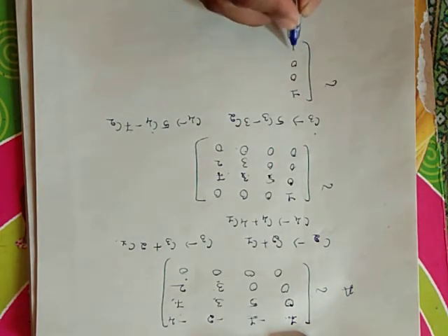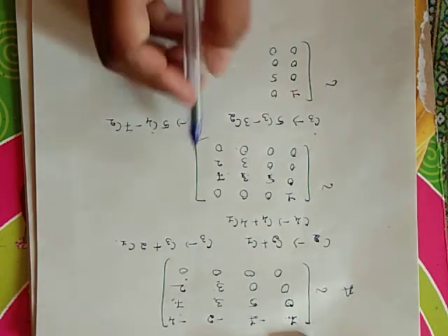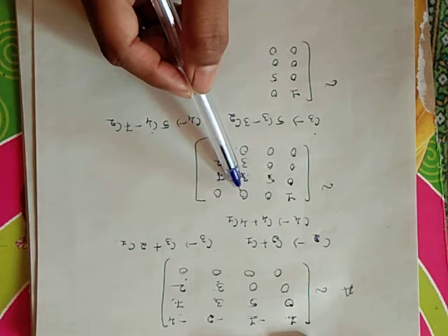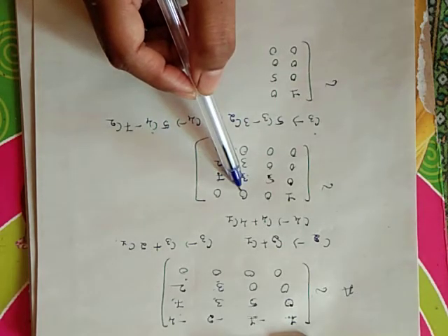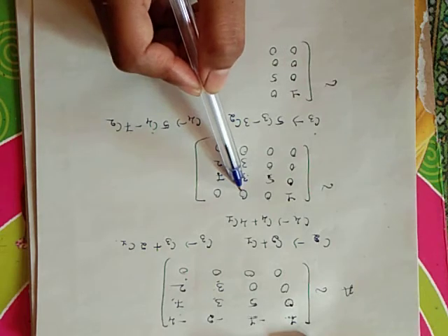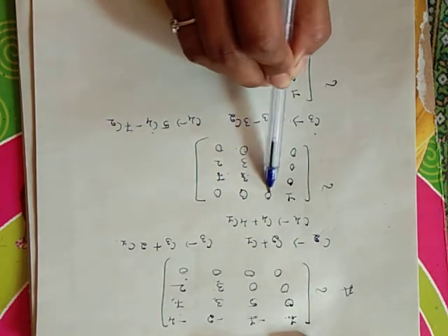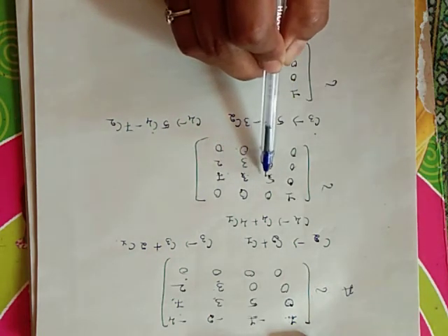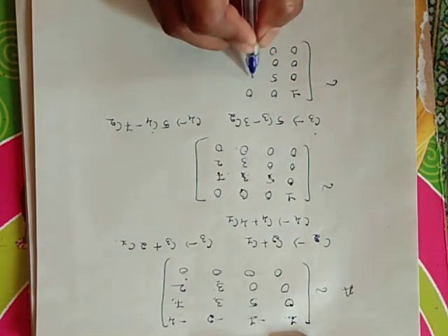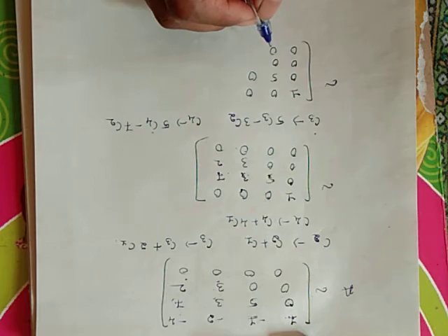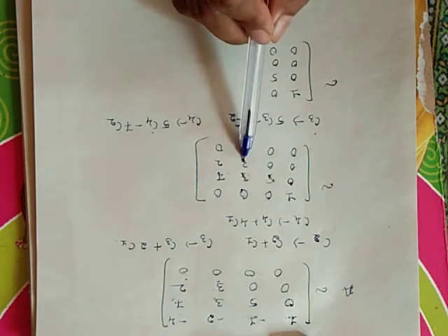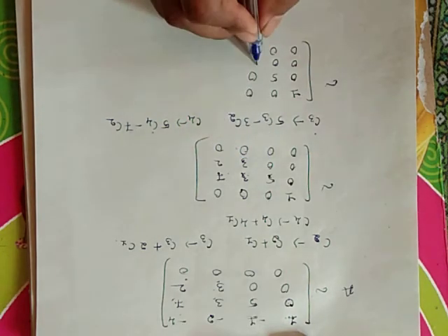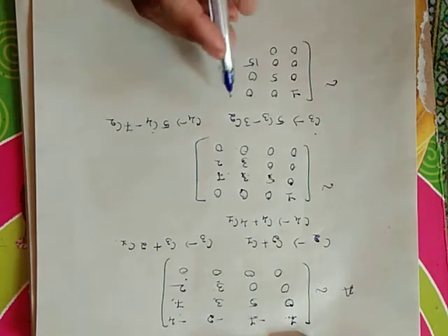1 0 0 0, 0 5 0 0. 5 into 0, 0, minus 3 into 0, 0, so 0. 5 into 3, 15, 3 into 5, 15, 0. 5 into C3, 5 into 3, 15 minus 3 into 0, 0, and this term is 0.